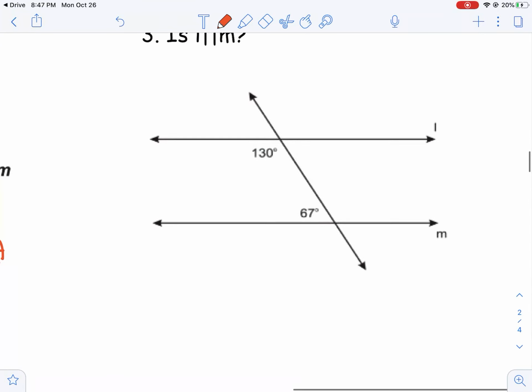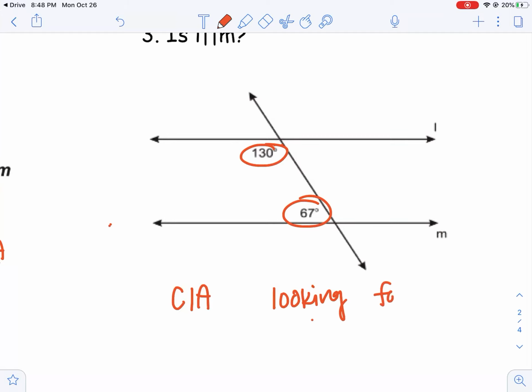Now, what has to be true about this guy and this guy in order to state that L and M are parallel? Well, considering their consecutive interior angles, I'm looking for supplementary, meaning that they add to 180.